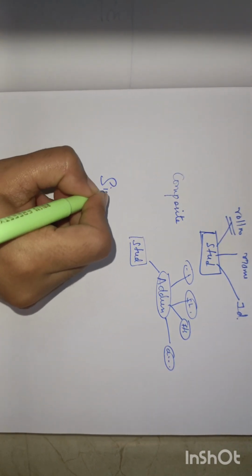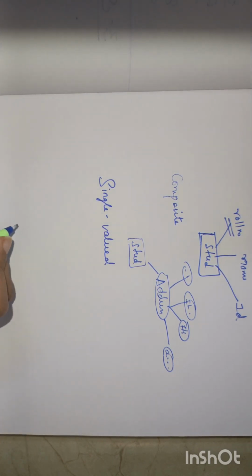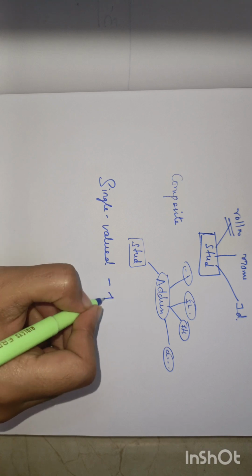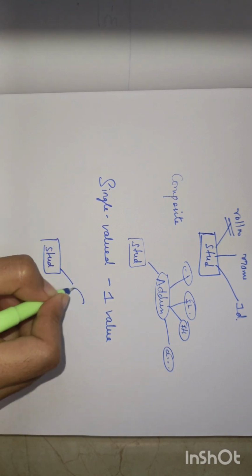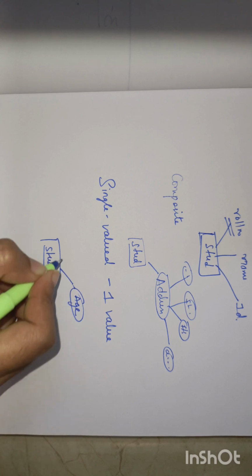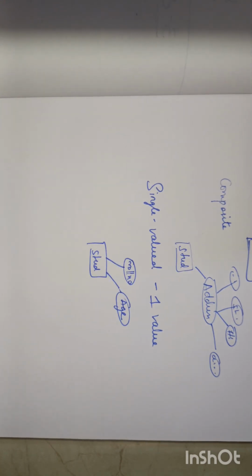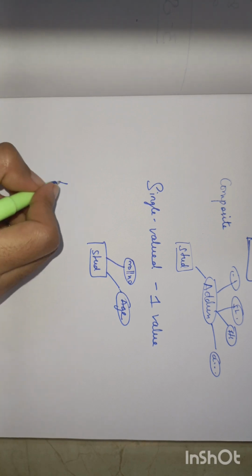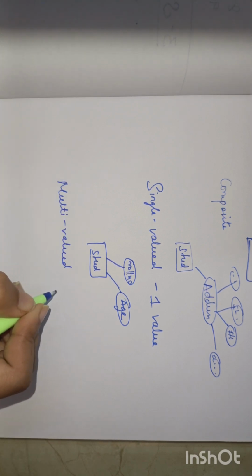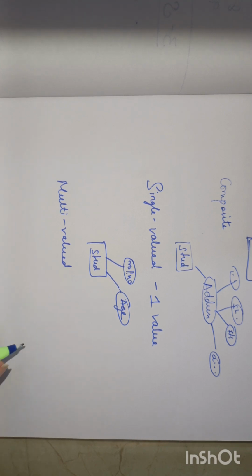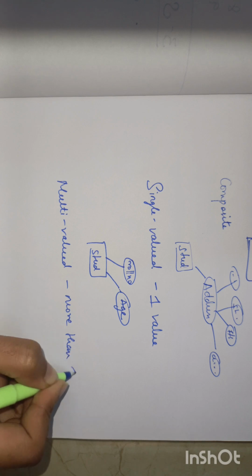Next is a single valued attribute. Single valued attributes are the ones that can take up only a single value. For example, a student has age that can take up a single value, like a roll number. Next is multi-valued. Multi-valued is nothing but an attribute that can take up multiple values or more than one value.